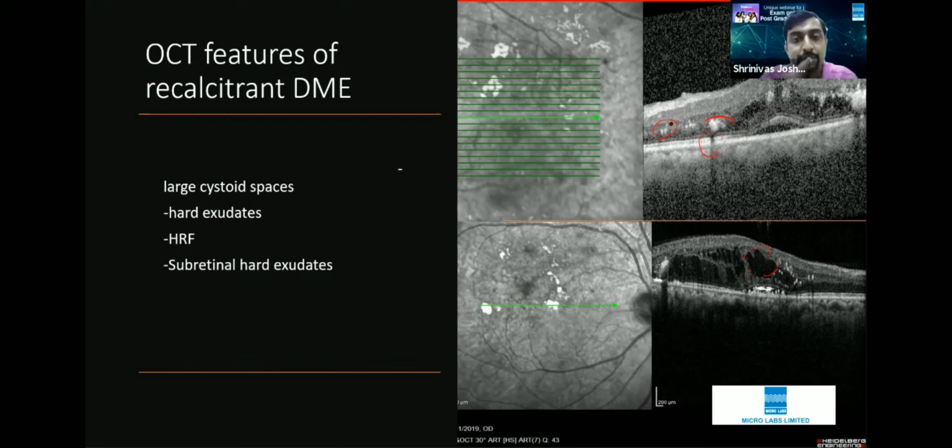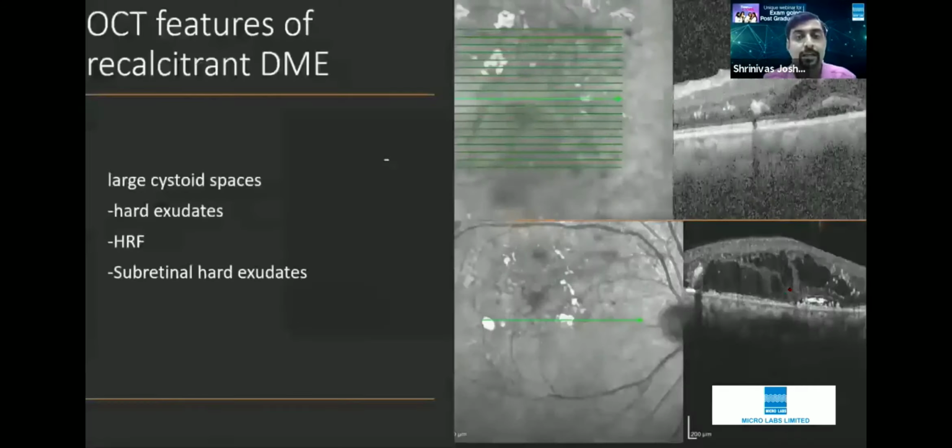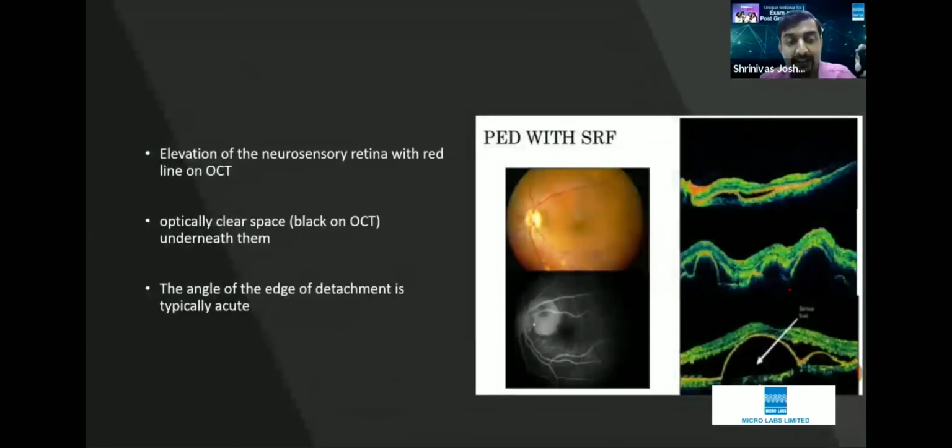That is how you differentiate between hyperreflective foci and hard exudates. And when you see subretinal hard exudates here, which clinically says that it's a chronic case or a recalcitrant diabetic macular edema.